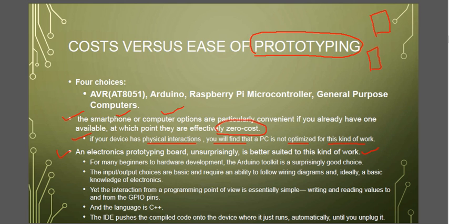You only have to program this board, connect the different sensors or actuators with it, and connect that board with the help of a USB port to the computer, and it is ready to use. So that helps the development part and makes it very easy.